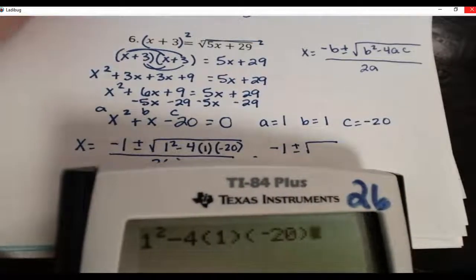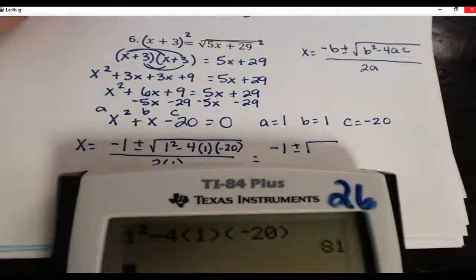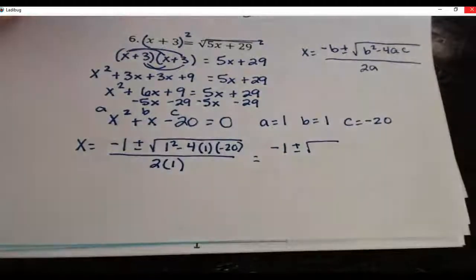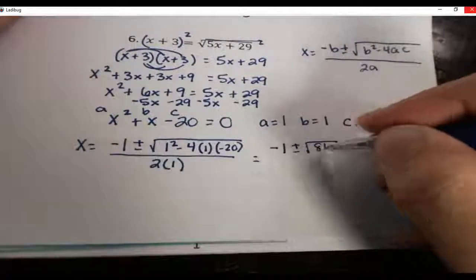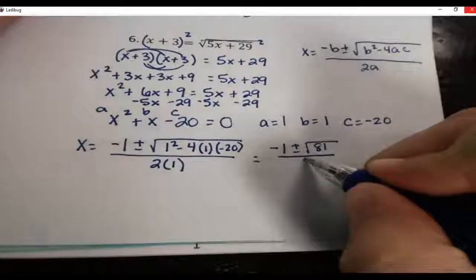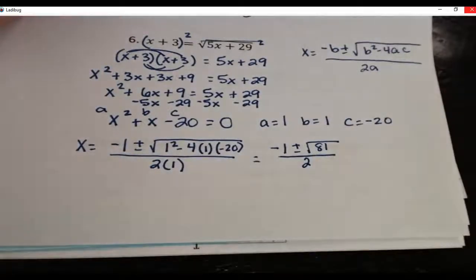Like that. And we get 81. Over 2 times 1, 2. Go. Questions are getting there? I know it's been a couple weeks, but hopefully we haven't forgot it.